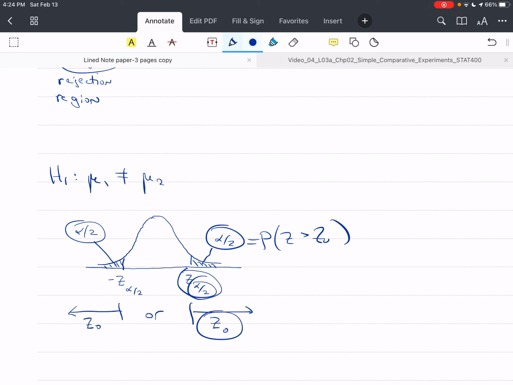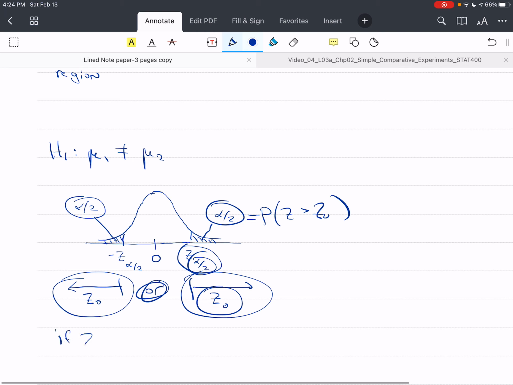Now notice z naught is going to be one number. It can't be both negative and positive. Zero's here. So either you're going to have this case or you're going to have this case. You can't have both at the same time. So if z naught is negative, then we look at this criteria: z naught less than negative z sub alpha over 2.